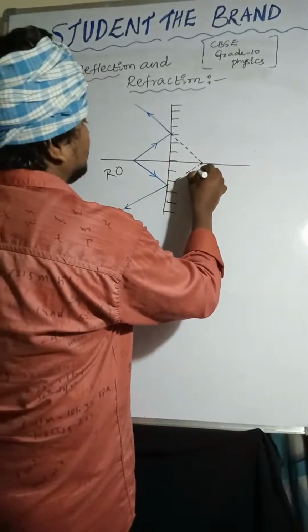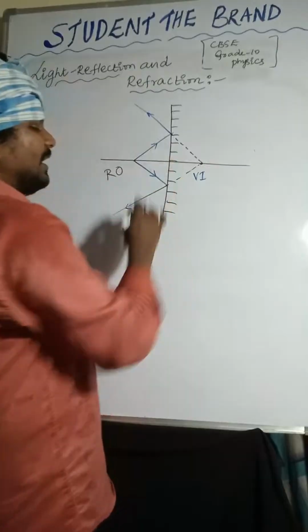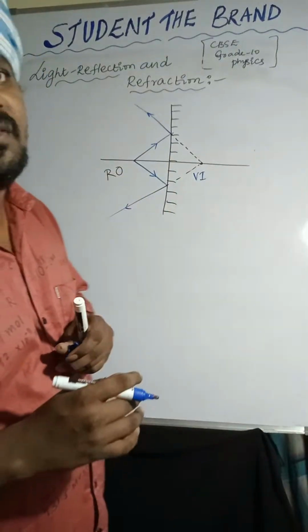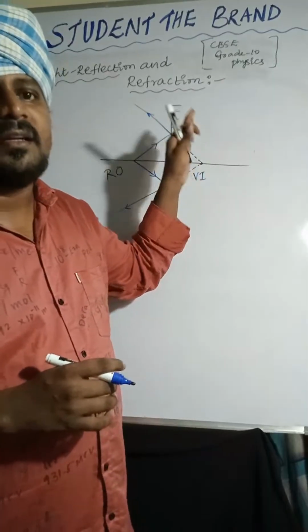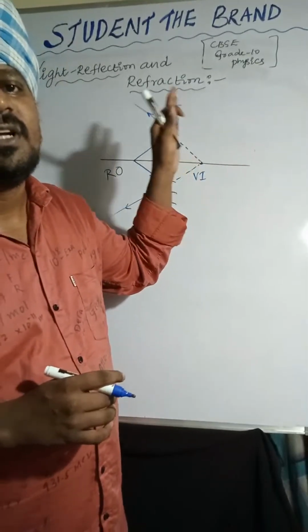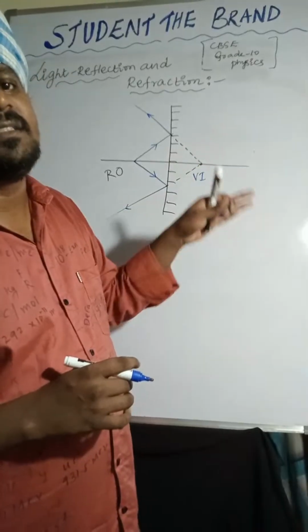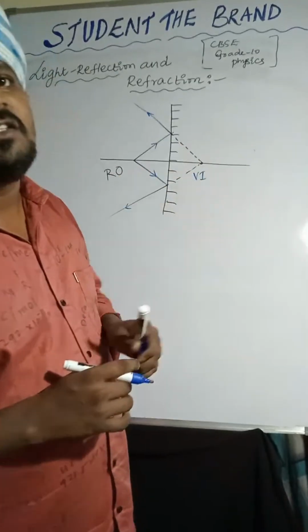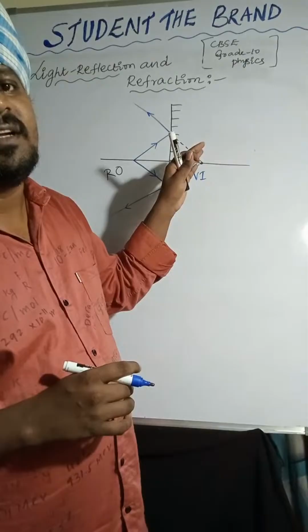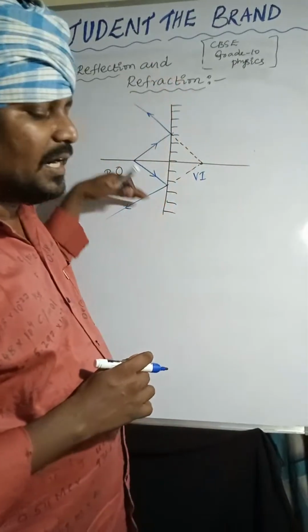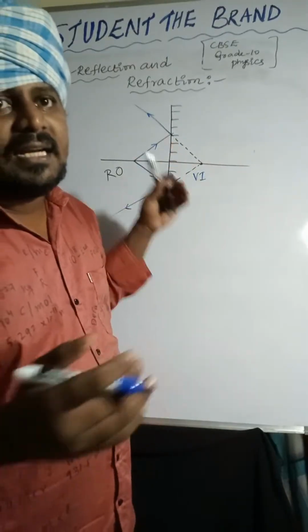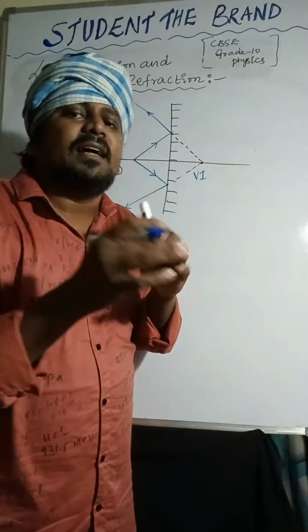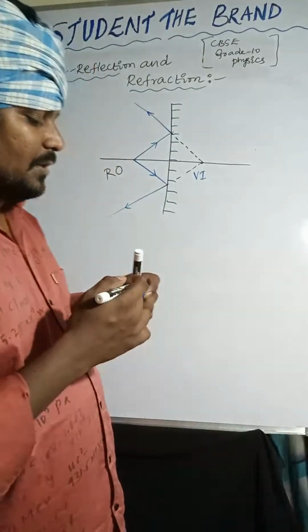The point of intersection of extended reflected light rays is called virtual image. If reflected light rays directly meet, that is called real image.